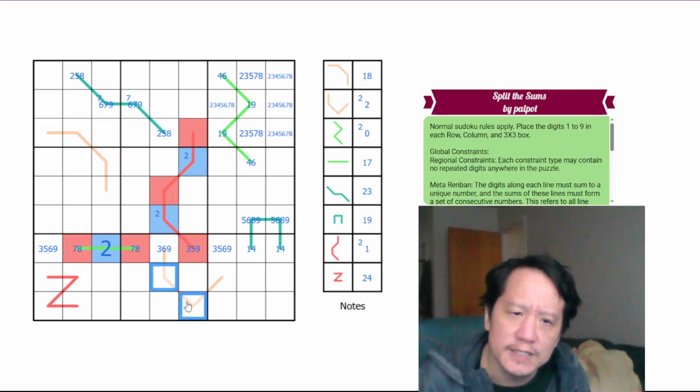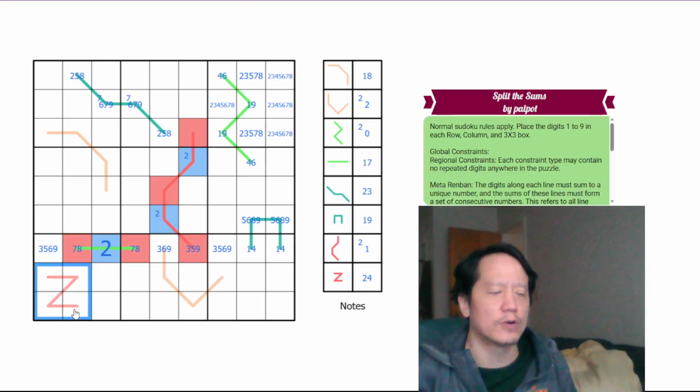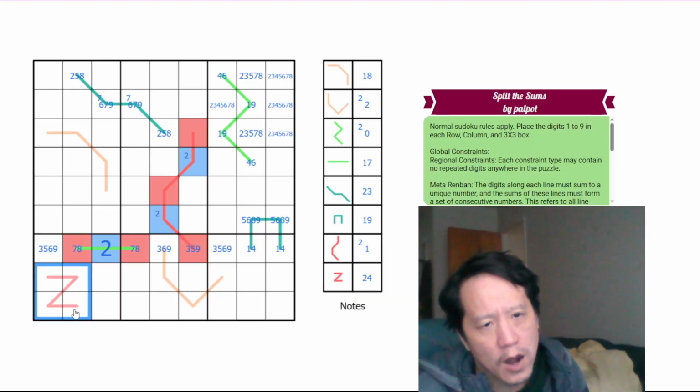That means we can't have, well, we could have 3, 6, or 9. We just can't have that. Okay, so this digit cannot be 1 or 4. This adds up to 24.